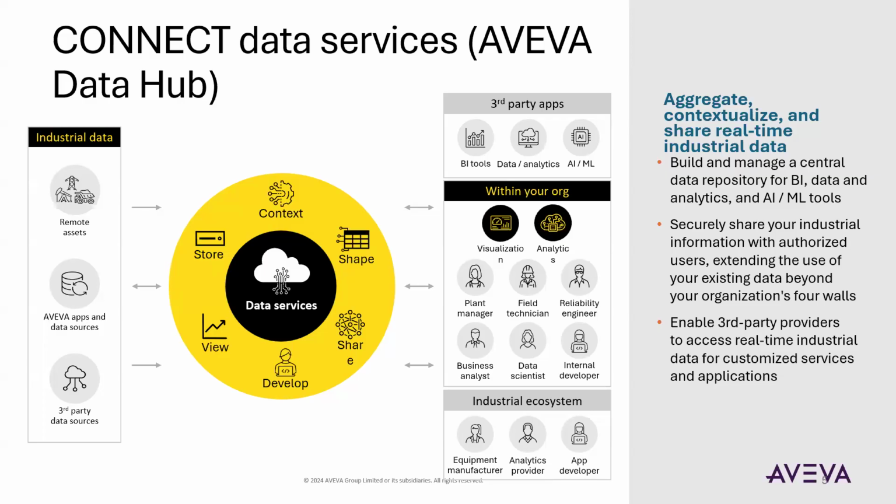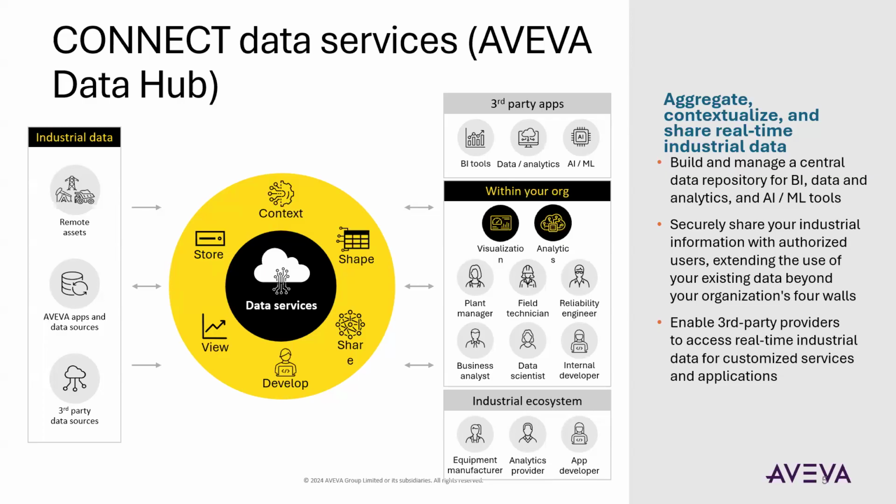You can aggregate data into the cloud from many different sources, and we're going to look at that again in just a little bit, Aveva or otherwise. It also talks to non-Aveva systems. You can see those data sources on the left side of this diagram. There are several categories of industrial data sets shown here.